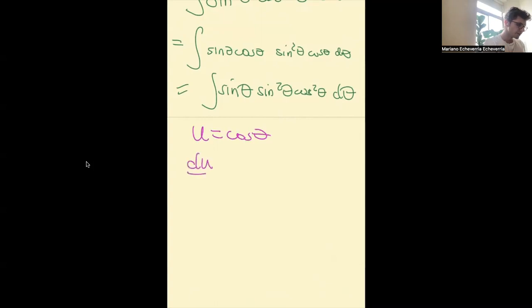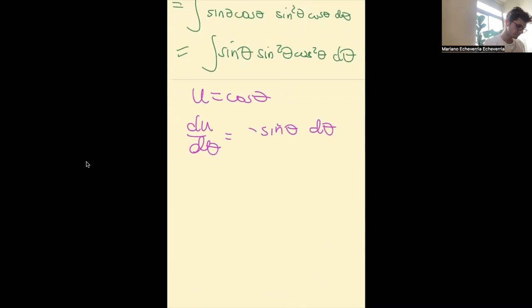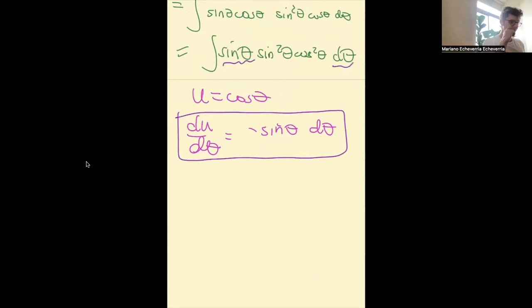So du d theta is minus sine of theta, right? So this gets taken care of with the du part, because it just becomes minus du.